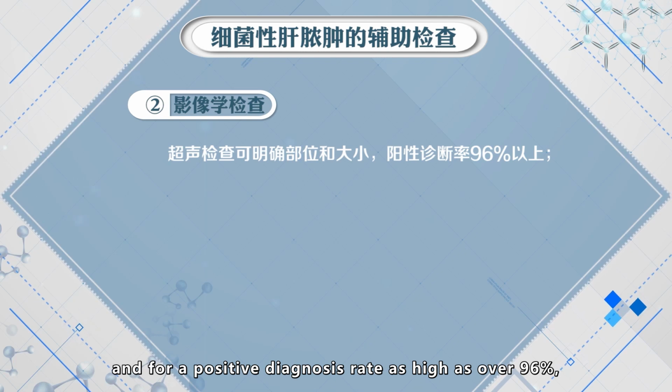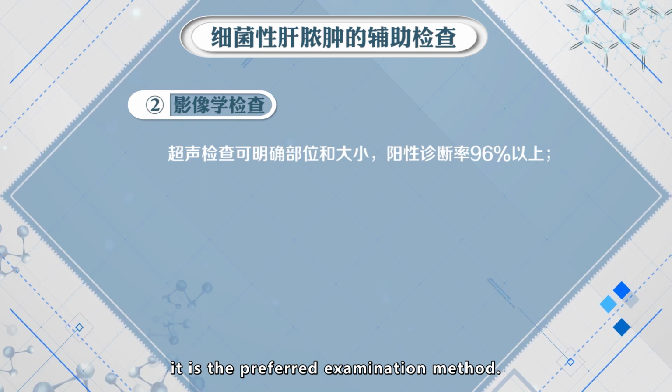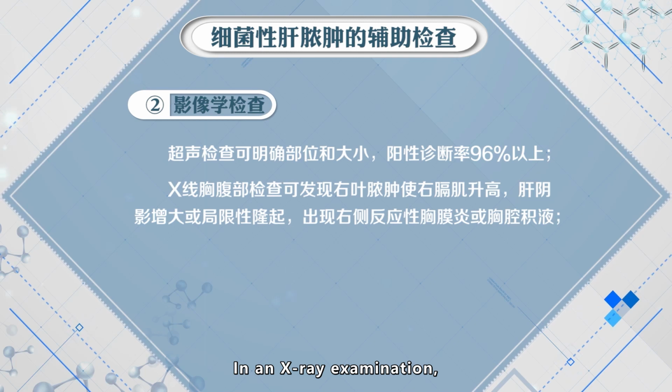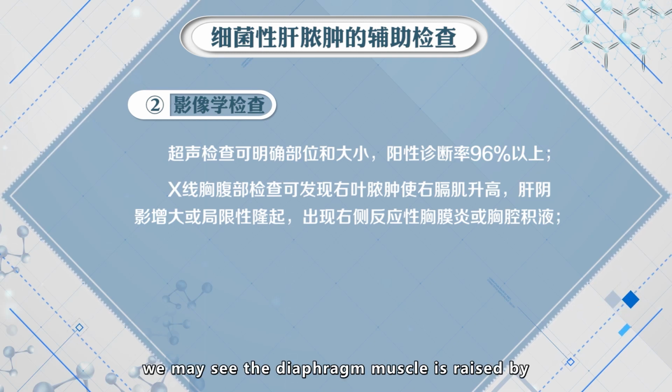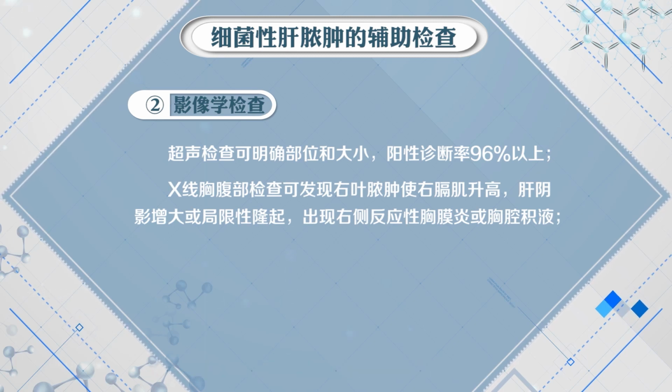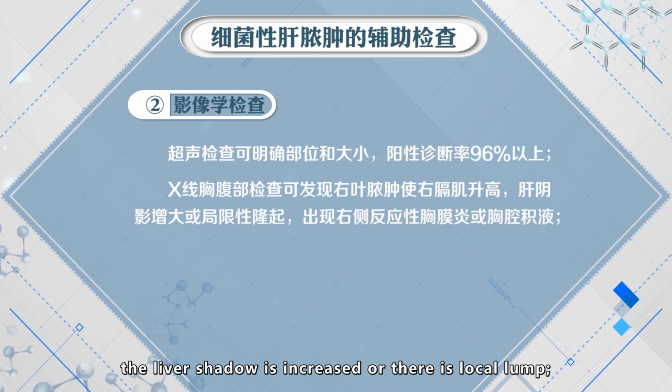In respect of the imageological examination, the ultrasonography can be used to determine the location and size, and with a positive diagnosis rate as high as over 96%, it is the preferred examination method. In an X-ray examination, we may see the diaphragm muscle is raised by an abscess in the right lobe of the liver. The liver shadow is increased, or there is local lymph.